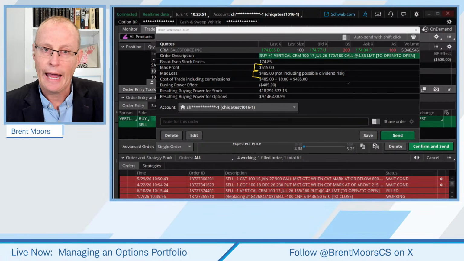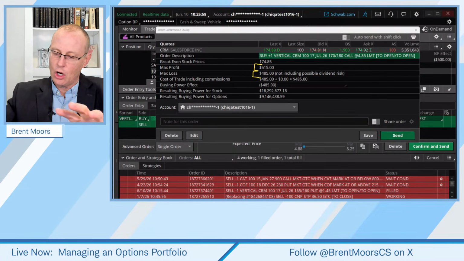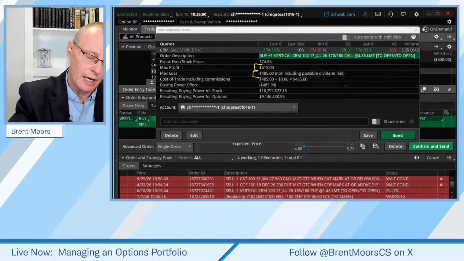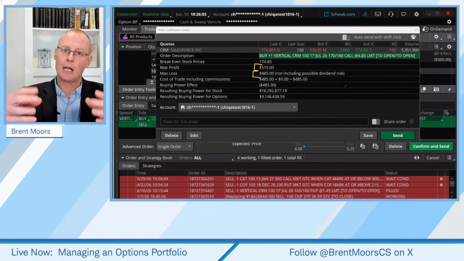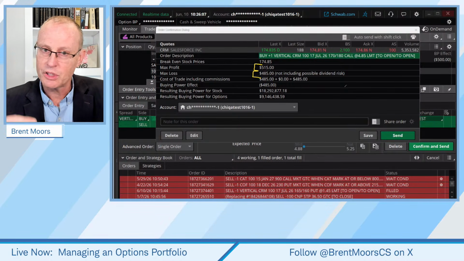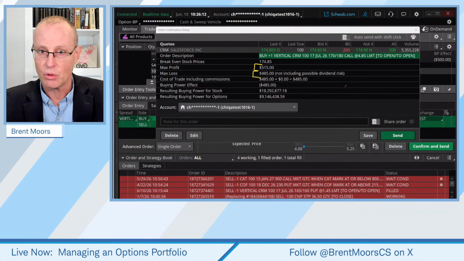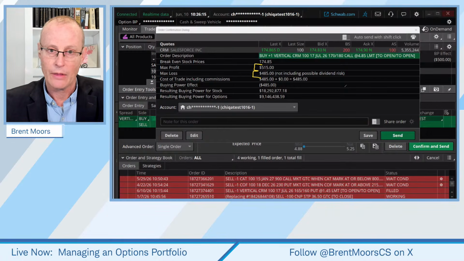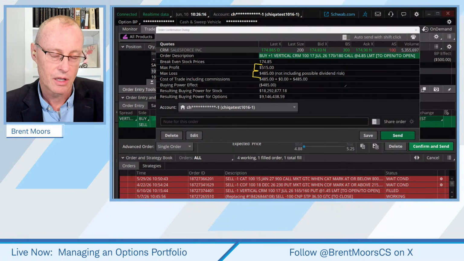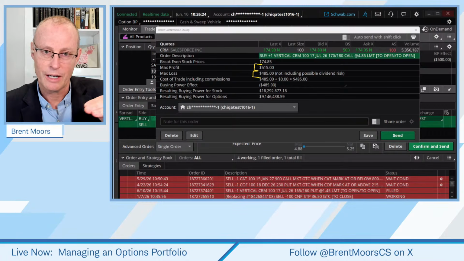I'm just specifically talking about the long call vertical, or earlier the short put vertical. I'm talking about the bullish variations of these trades, but most of what I'm saying applies to the bearish variations of these trades, that is the short call vertical and the long put vertical. But I don't want to confuse you by switching back and forth, so I just want to stick to bullish trades.